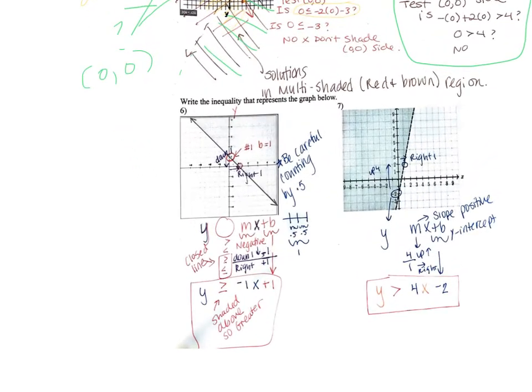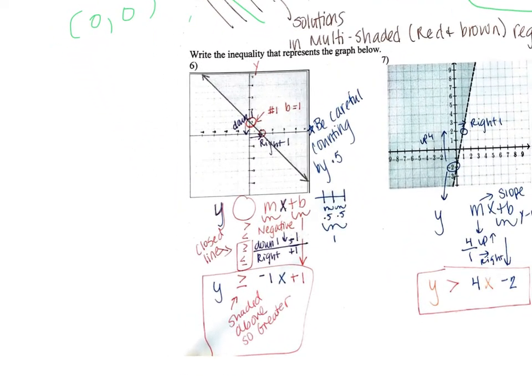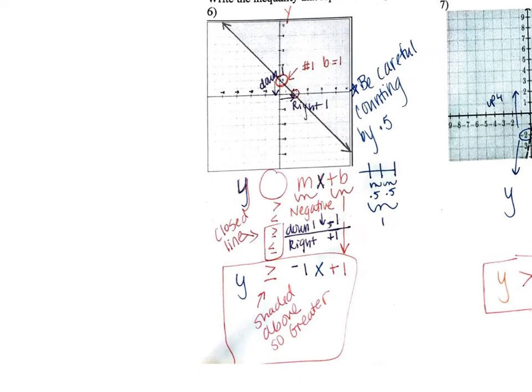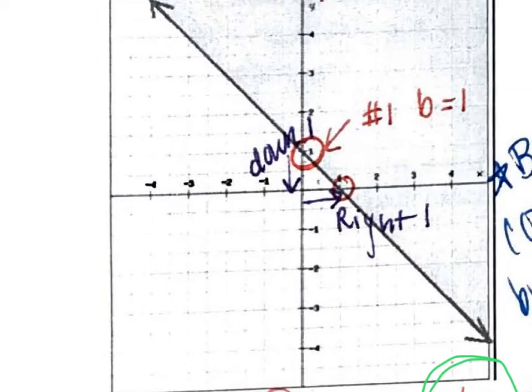Now number 6 and 7 are a little different. Number 6, it's going backwards, right? It says write the inequality. So I know there's a y, an mx, and a b. So first I zone in, I try to find b, the y-intercept. Now if you zone in closely, this is a 1 right here, this is 2, this is 3. But in between there's tick marks.